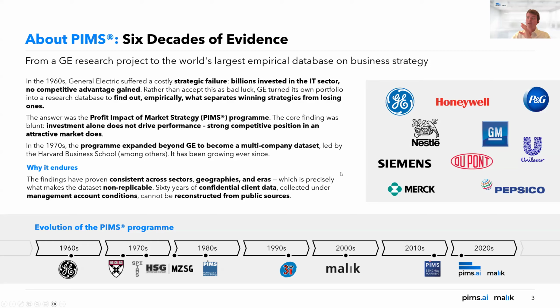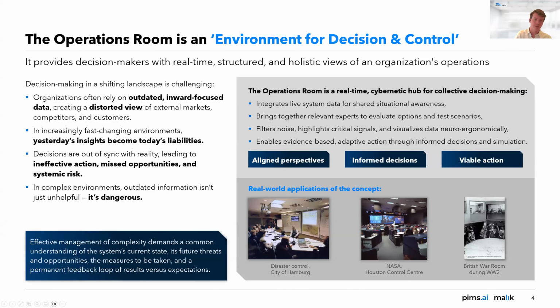Getting to the operations room itself, I know Martin touched on it. I'm going to give you a basic conceptual introduction, just to set the scene, and I'll keep the theory light, as I know many of you will know this very well.